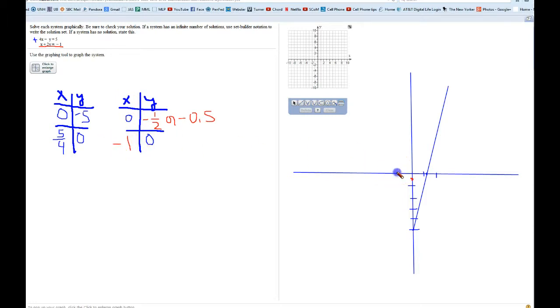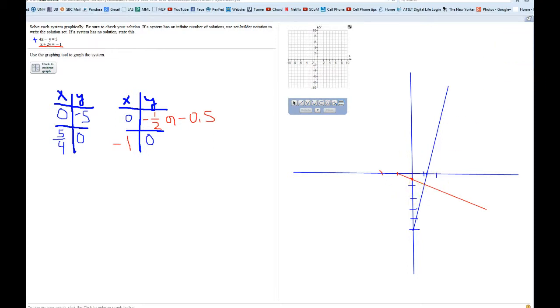So we go over here to a negative 1, and there's my point right there. So I take my red line now, and I go right here. Now, where does it intersect? That's the thing. It's going to intersect right there.